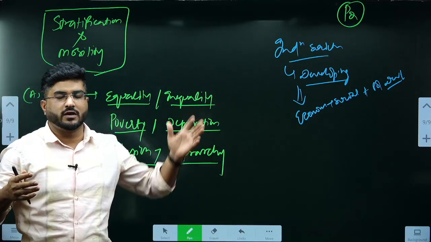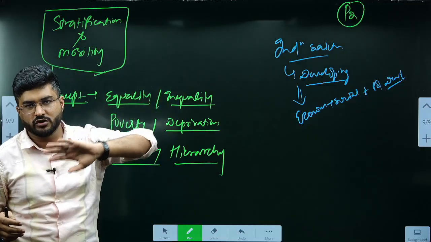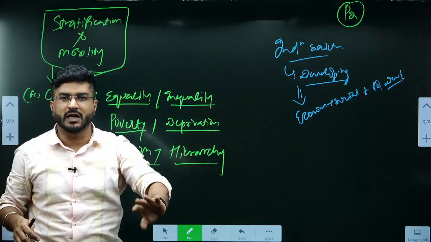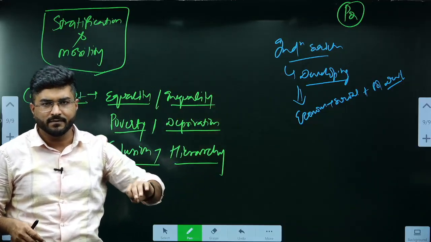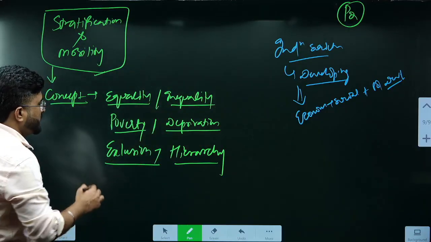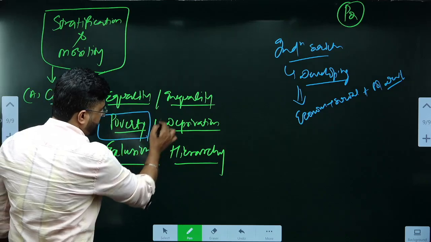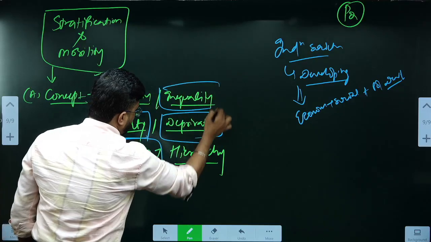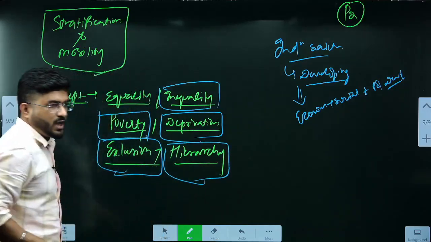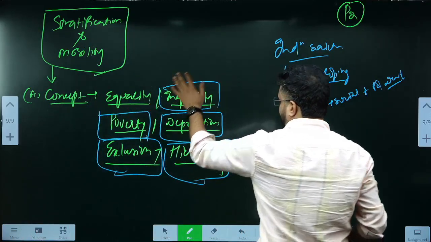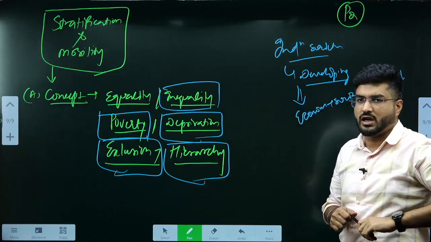When we talk about moving from a traditional society to a modern society, in that modern society we have to talk about economic, social and political development. In this developmental transformation, what are poverty, deprivation, exclusion, inequality and hierarchy?